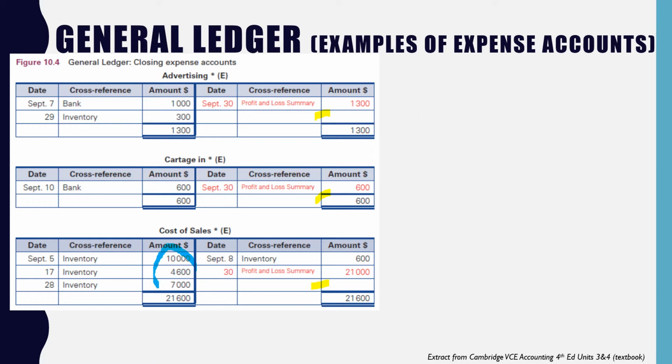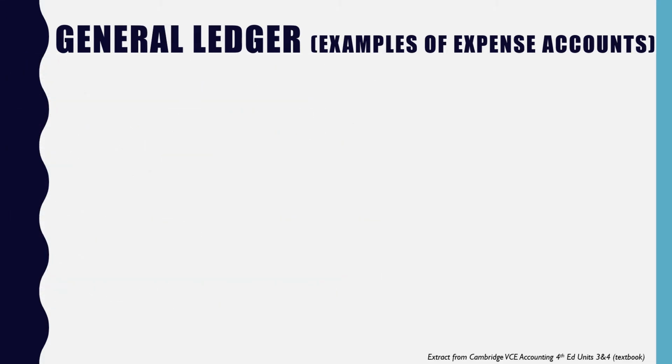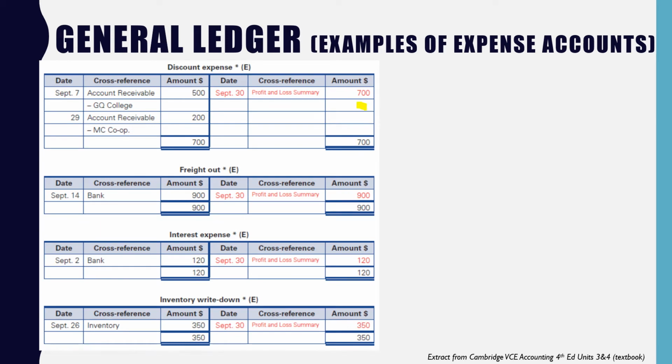Even though we have amounts written on the debit side as well as the credit side, all we need to do is to take the net amount and transfer that out to the profit and loss summary account by crediting the cost of sales account. As we can see here, all the other expense accounts are also credited to transfer the amounts out to the profit and loss summary.